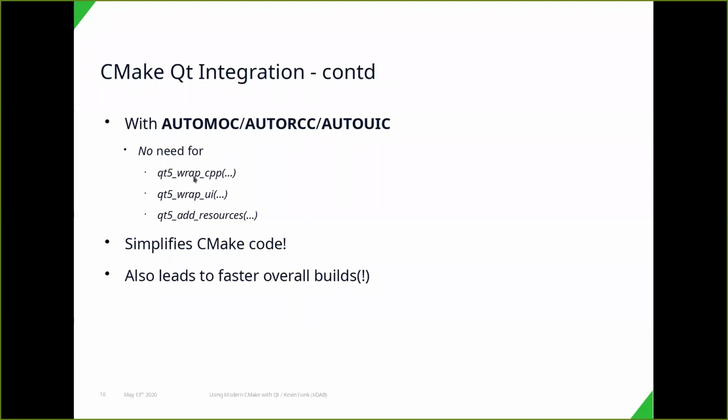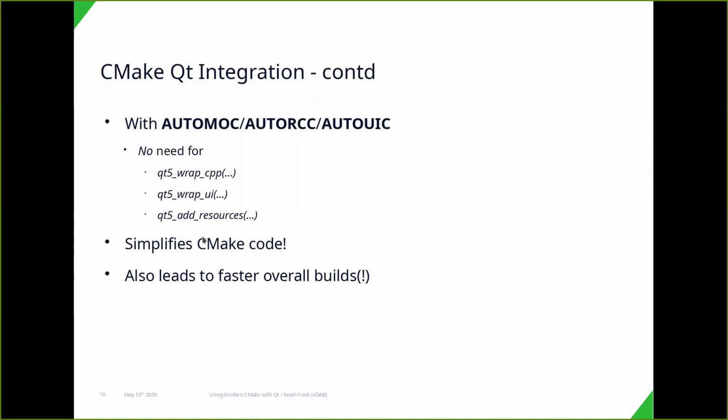These were used for creating rules for running moc and RCC manually by specifying on which source file RCC and moc need to be run. But that's no longer needed. You can just use AUTOMOC and list the source files in the targets. Basically, you don't need to worry about this anymore. This simplifies CMake code quite a bit.